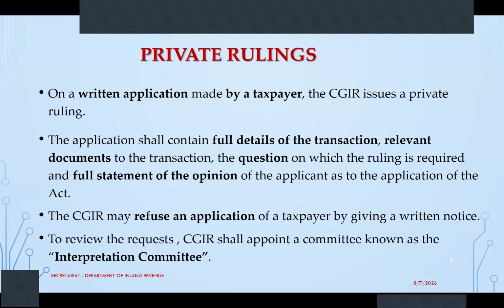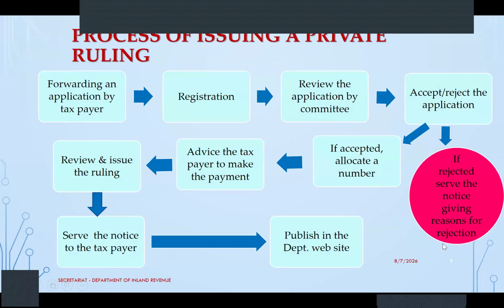By including all these things, they can request a private ruling from the Commissioner General. The Commissioner General can refuse or accept the application. If he refuses that application, a notice should be issued to the taxpayer. So this is the process of issuing private rulings.